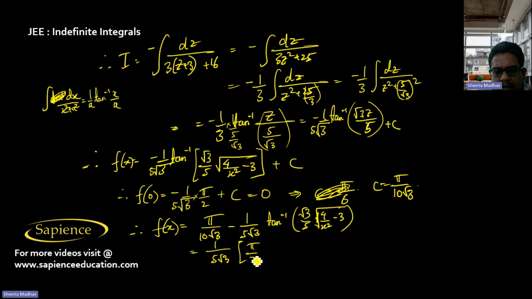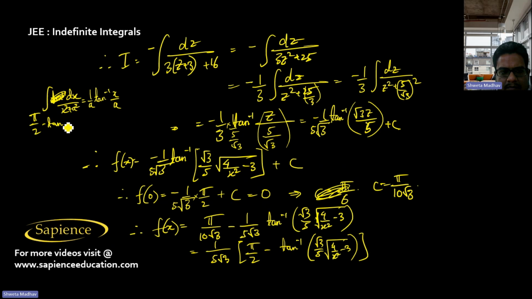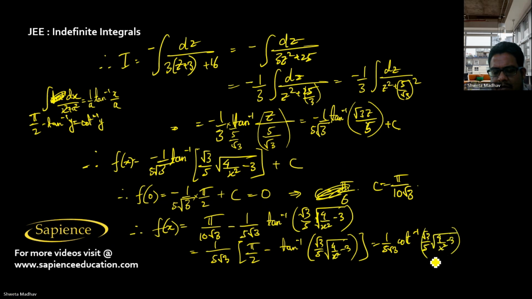this will be equal to pi by 2 minus tan inverse of root 3 by 5 into root over (4 by x square minus 3). Now pi by 2 minus tan inverse y, we know that is equal to cot inverse y. So which is equal to 1 by (5 root 3) into cot inverse of root 3 by 5 root over (4 by x square minus 3). Now cot inverse y is same as tan inverse of 1 by y.